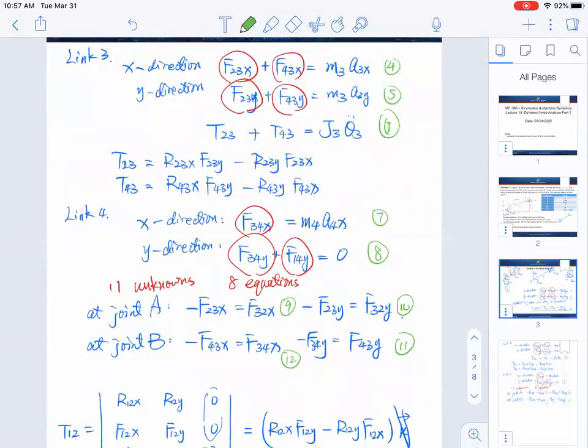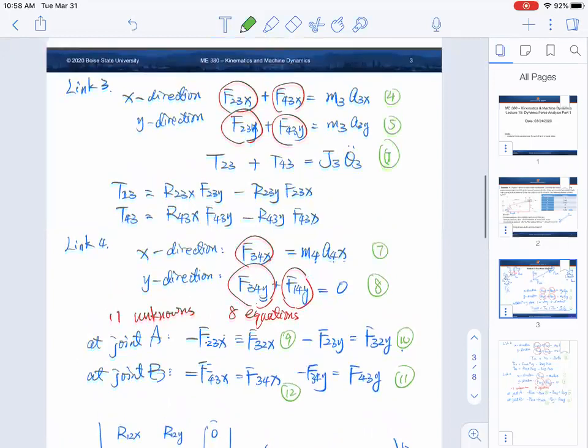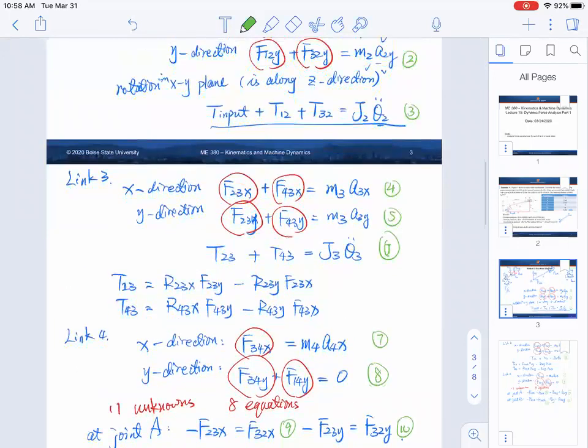Let me check it out. One, two. Oh, I see what I'm missing here.